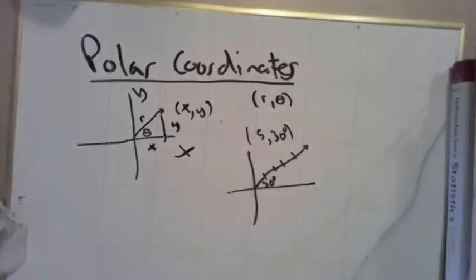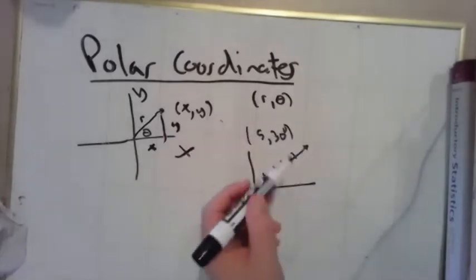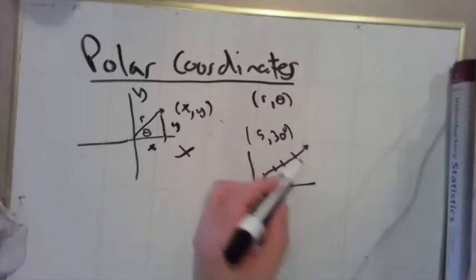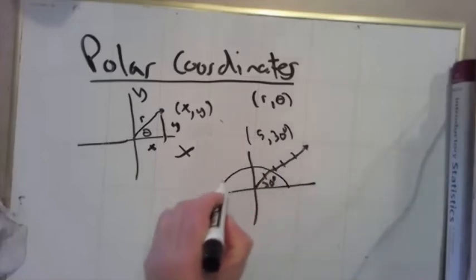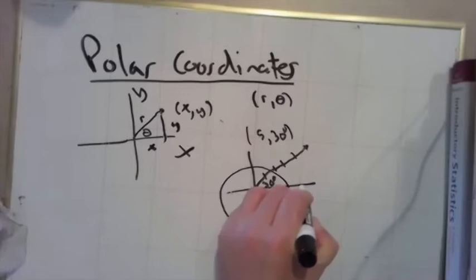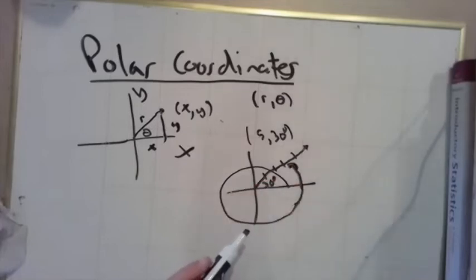Now with Cartesian coordinates, if I give you an (x, y), there's only one way to represent that point. In polar, there's more than one way to represent the same location. I could instead say rotate all the way around. Imagine sitting in a spinning chair and you spin all the way around 360 degrees plus another 30 degrees.